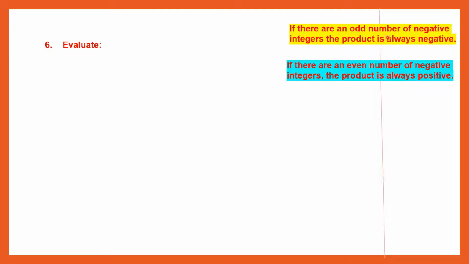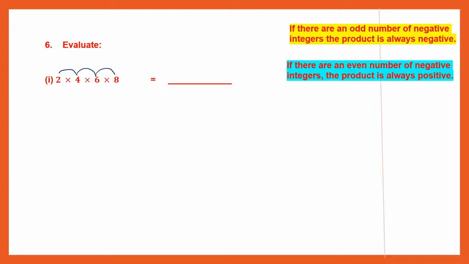Question 6. Before question 6, let's go through this once more. If there are an odd number of negative integers, the product is always negative. If there are an even number of negative integers, the product is always positive. Here we have all positive integers, so we can directly multiply. 2 4s are 8, 8 6s are 48.